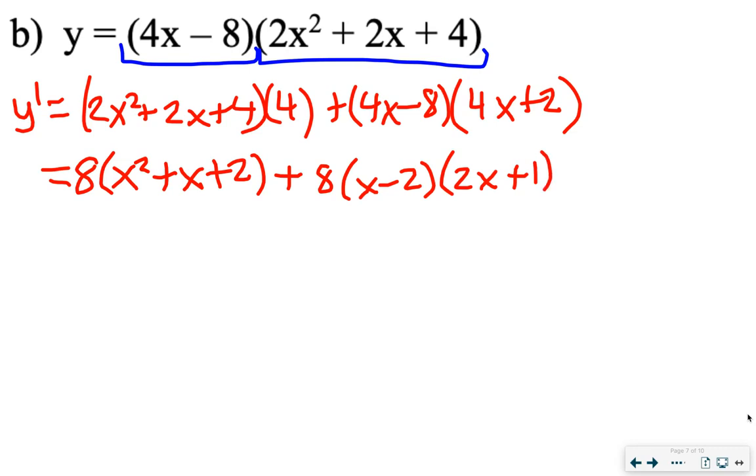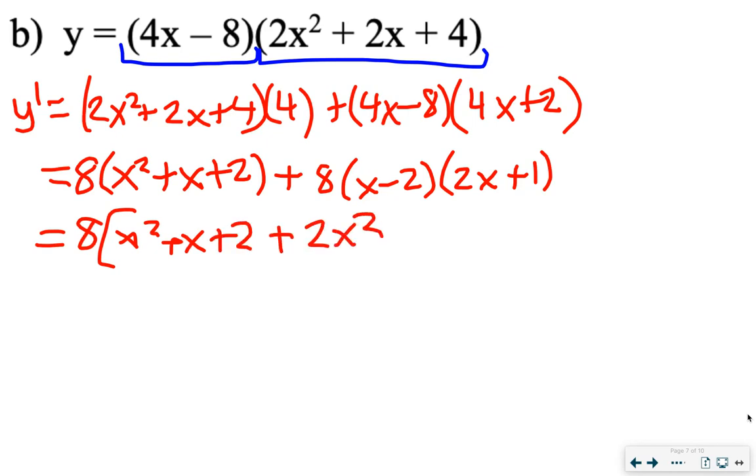Alrighty. So let's factor out that 8, and I'm going to expand those binomials in my second term there. So I'm going to get 2x squared minus 3x minus 2.